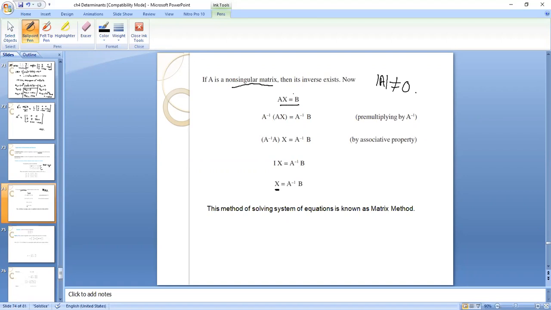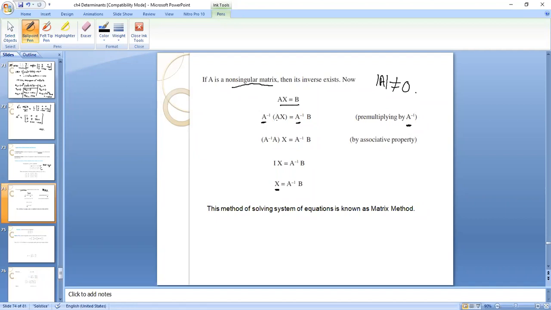AX is equal to B. We want this X only. We don't want this A. So we need to remove this A. For removing it, we will pre-multiply by A inverse. Pre-multiply means multiply on the left hand side. So AX on the left, I am multiplying with A inverse. B on its left, I am multiplying it with A inverse.